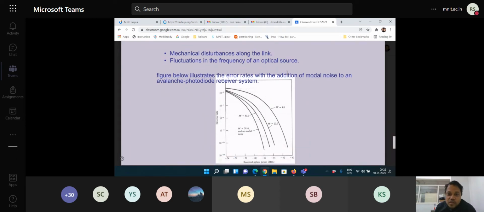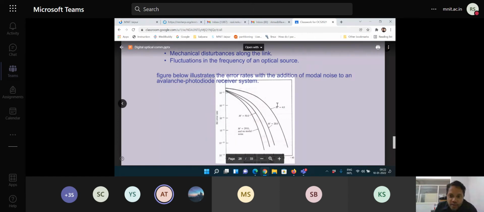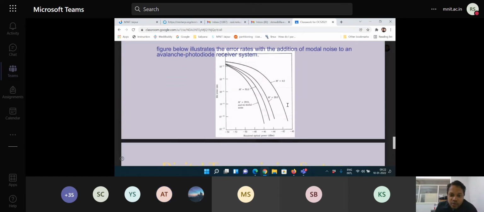When modal noise is introduced into a digital fiber optic system, this is how the bit error rate degrades. Here M indicates the modal noise, and this one indicates no modal noise.